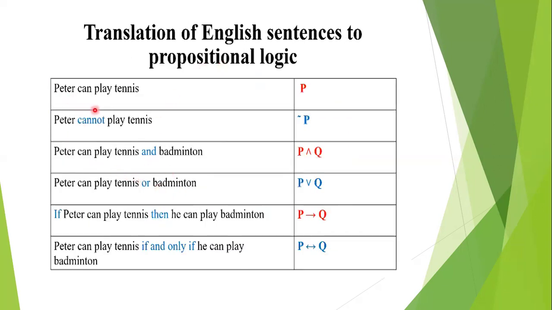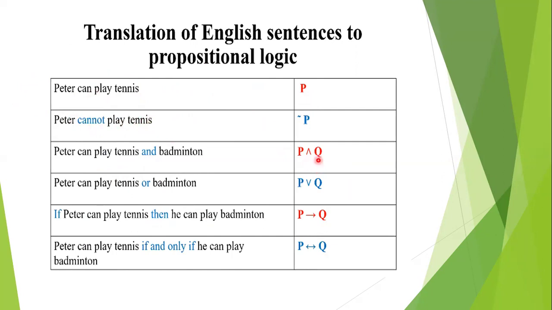For example, take Peter can play tennis. I am taking this entire statement as P. If I do the negation of this, it means the opposite: Peter cannot play tennis.